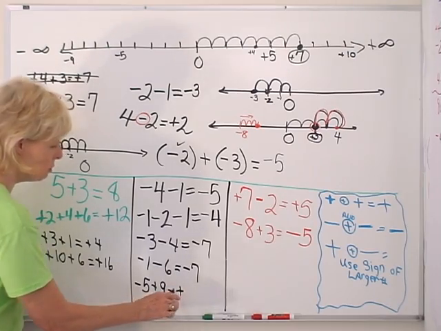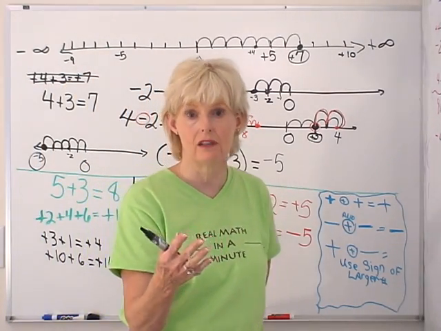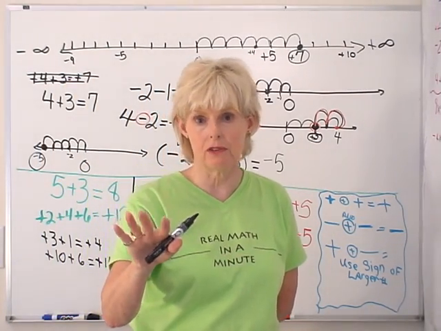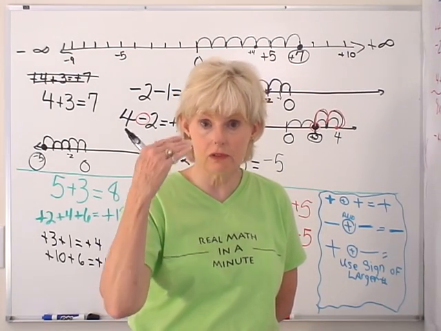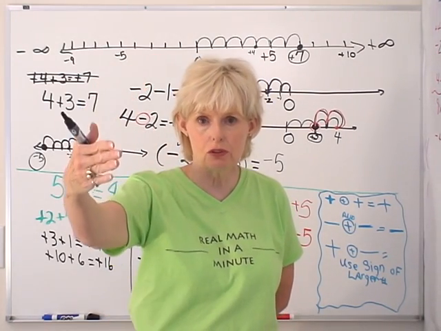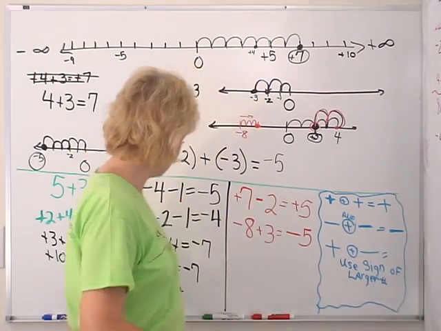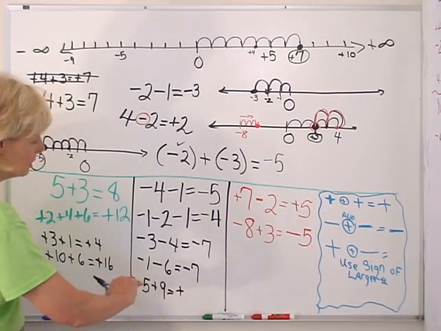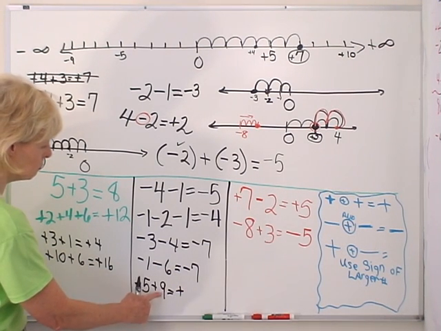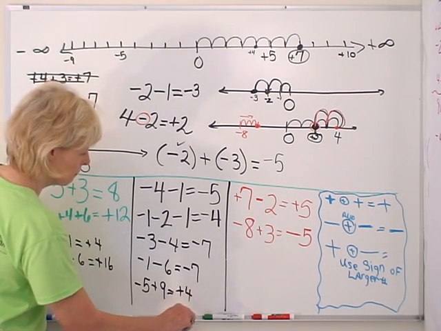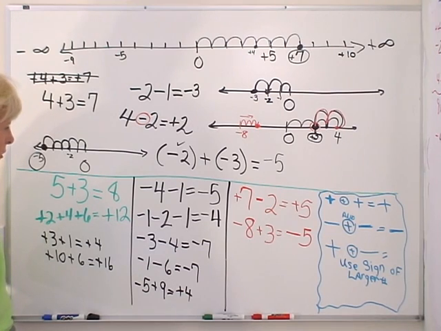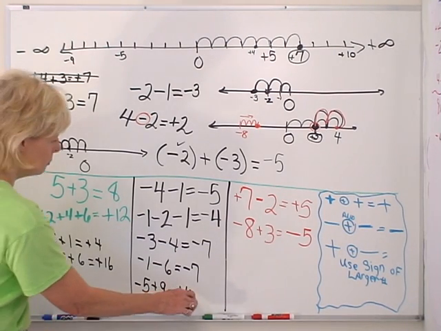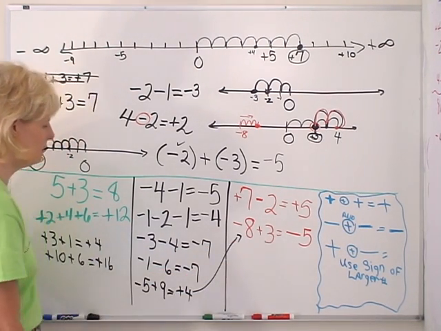So it's going to throw you down there on the positive side. Sign of the larger is positive. Because if you did do the number line, it would put you on the positive end. And then if one sign is positive and one is different, you have turned around and taken away some steps, so you subtract 9 minus 5 and get 4. Perfect. Perfect, perfect, perfect. Although I meant to put that one over here because it's that kind.